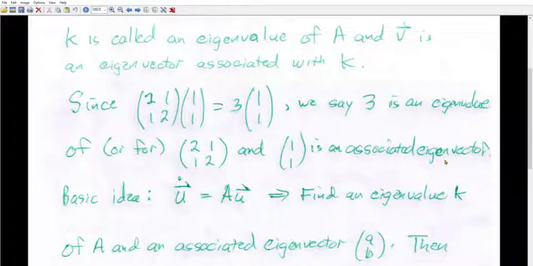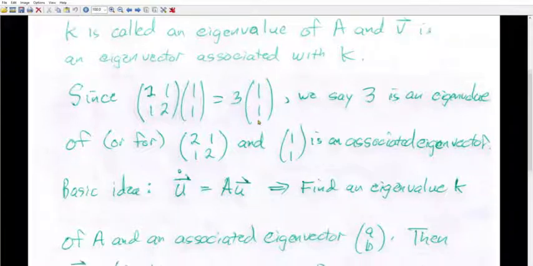The idea being here, if you take (1, 1) and multiply it by the matrix A, you get the eigenvalue times (1, 1). So more generally, if you get k times (a, b), then k is an eigenvalue and (a, b) is an eigenvector.